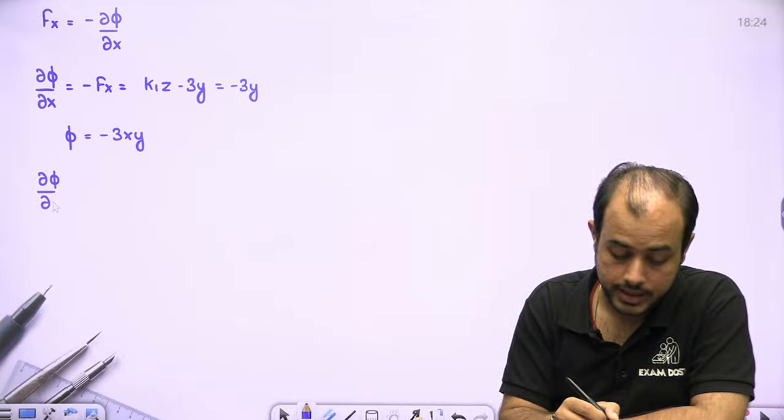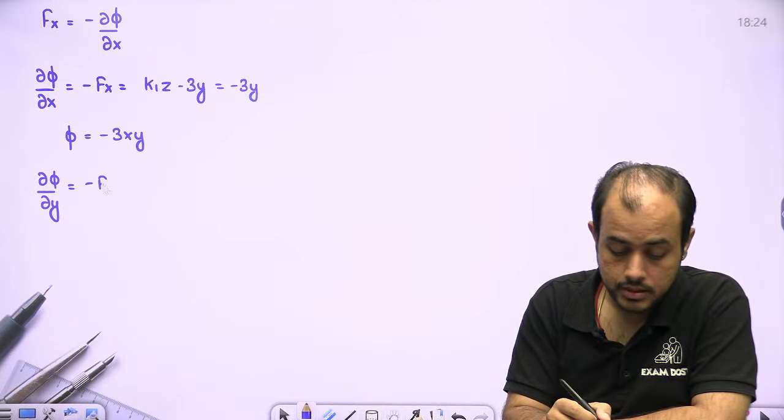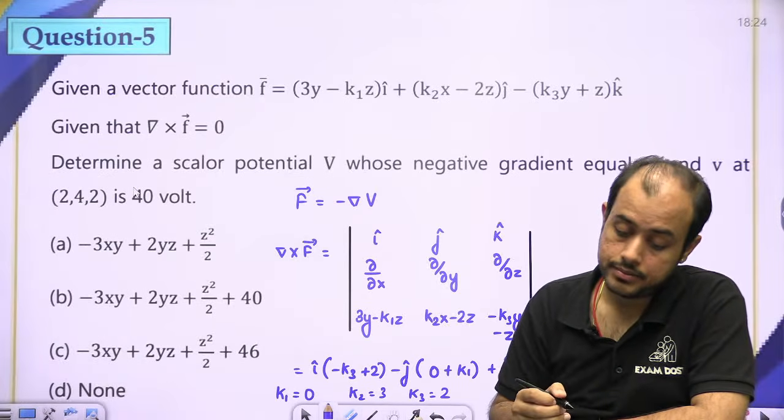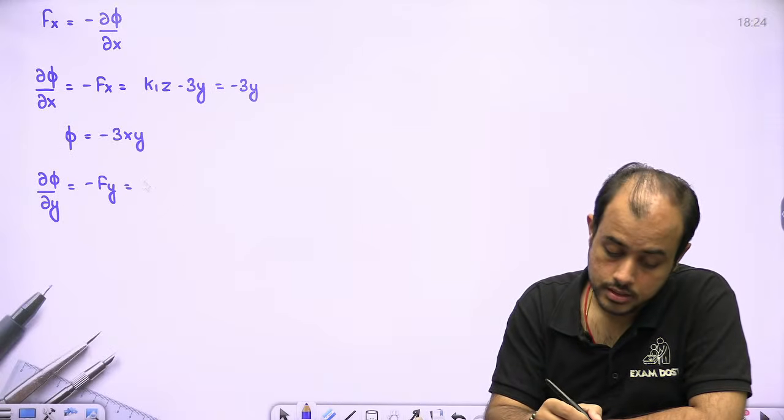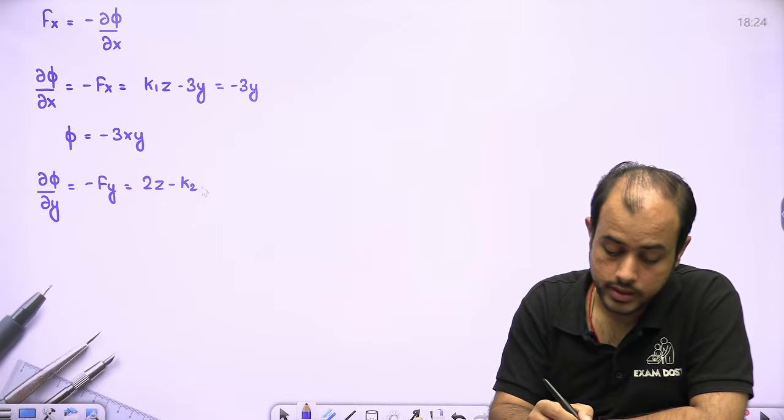Similarly, del phi by del y is minus fy, 2z minus k2x.